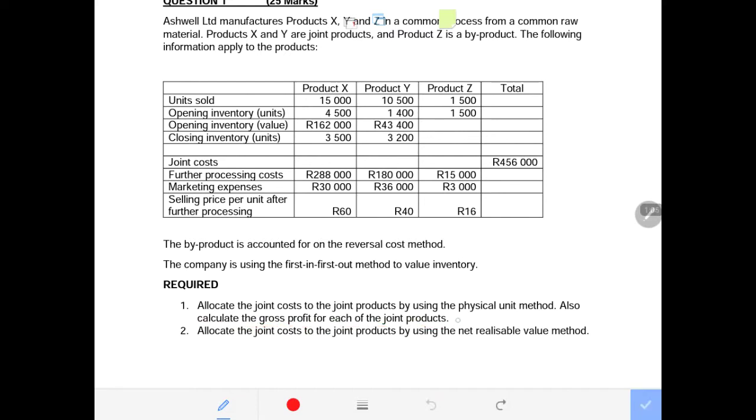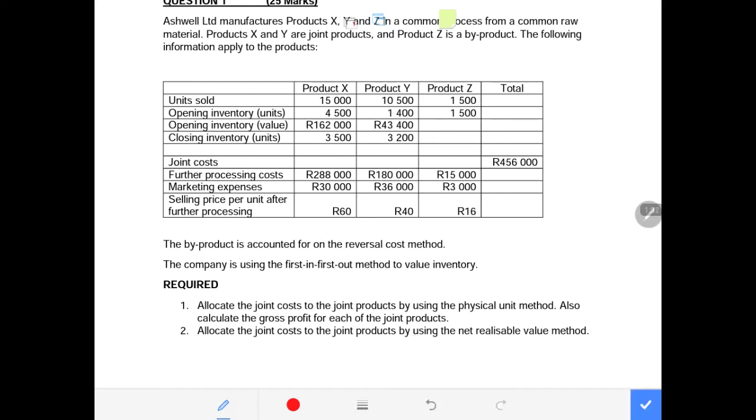Then I will also go further to calculate the net profit, not only the gross profit, and also calculate other things that are necessary in the calculation of the gross profit, and explain other dimensions. Further, we are required to allocate our joint costs to the joint products using the net realizable value method.